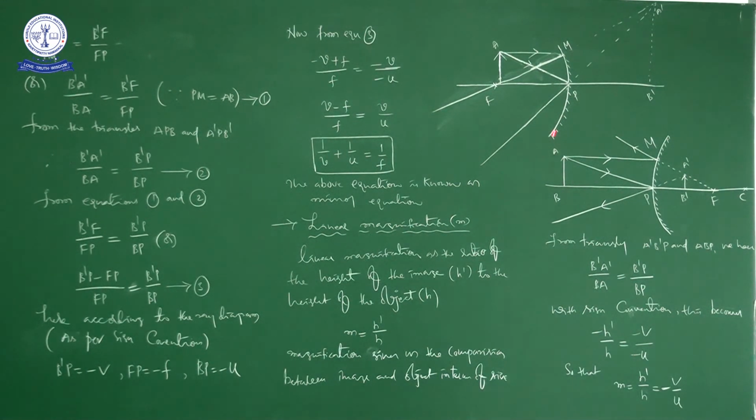Upward means like a positive y-axis and downward means like a negative y-axis.